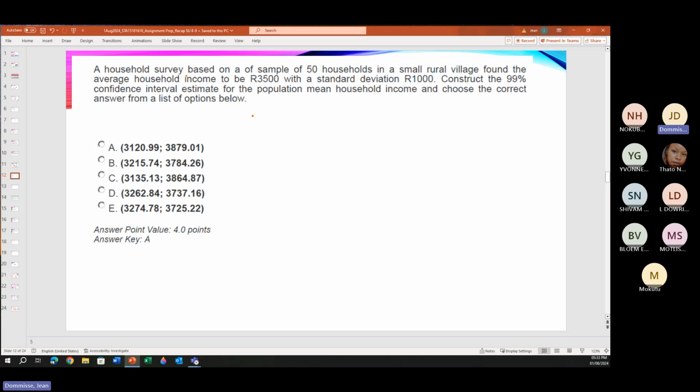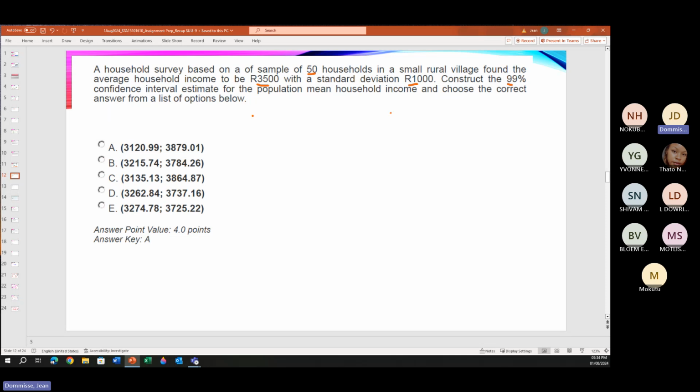A household survey based on a sample of 50 households in a small rural village found the average household income, and standard deviation is 1,000. Construct the 99% confidence interval estimate for the population mean, and then they give us options.